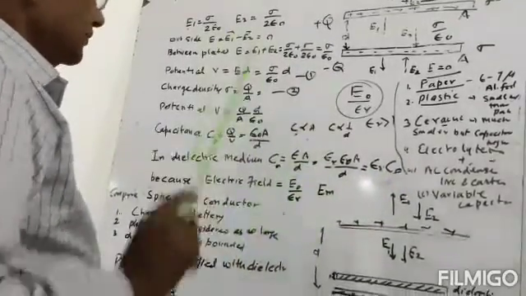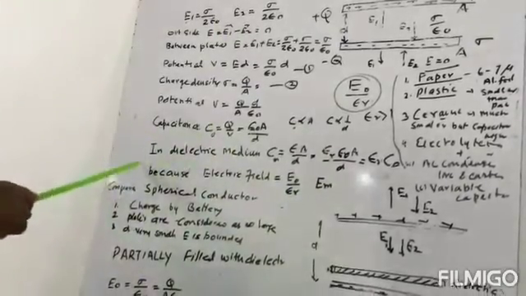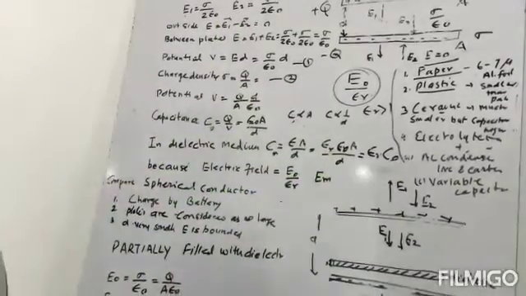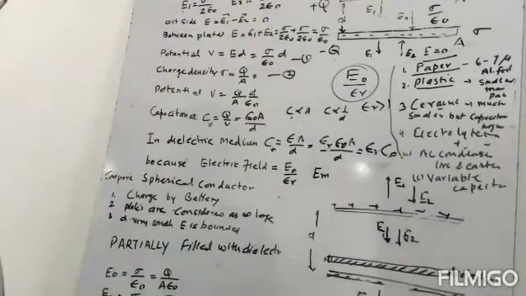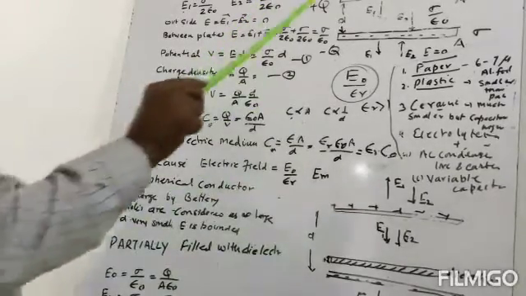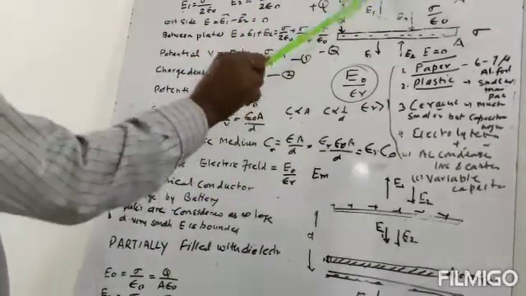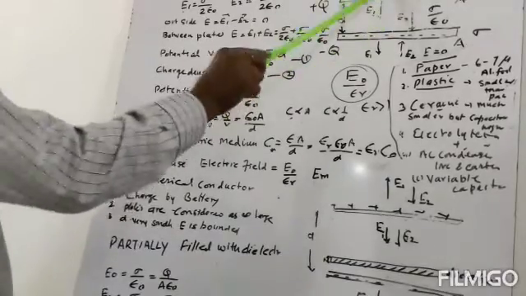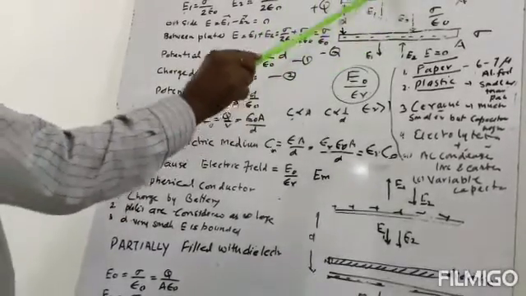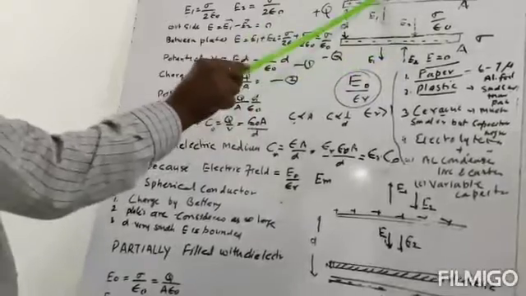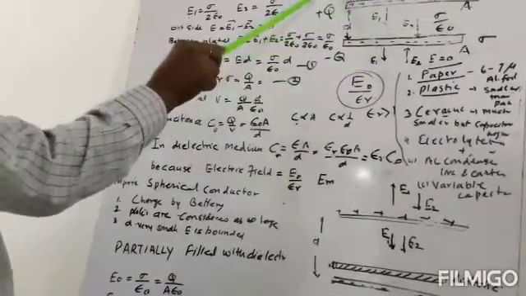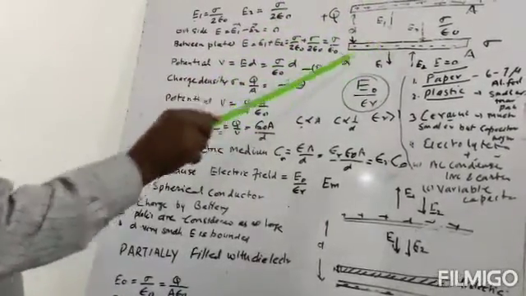So this is all about parallel plate capacitance. Now, as I told you earlier, a parallel plate capacitor is charged by the battery, when it is connected to the positive and negative of the battery.